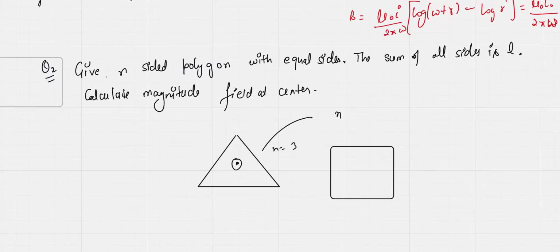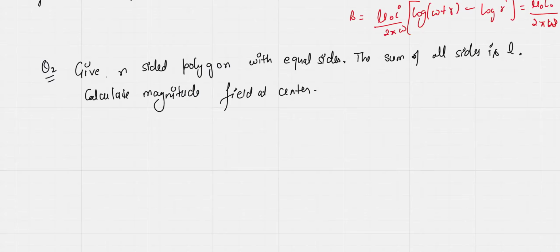If it's five-sided, it will become a pentagon, something like this. Things I have to take care about. So these kinds of shapes it will become, but you have to figure out what is the value of magnetic field at the center.